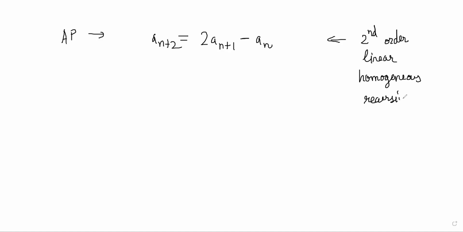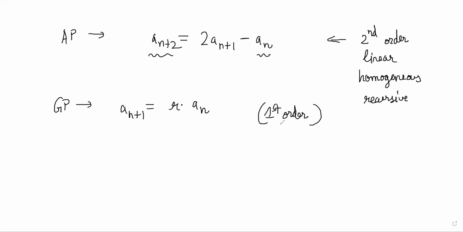Why is this an AP? It is obvious that the first and the third terms add up to twice the middle term. And a GP would be written as a_{n+1} is equal to r times a_n. So this is a first order linear homogeneous recursive sequence. These are the simple sequences that we have seen in the past.